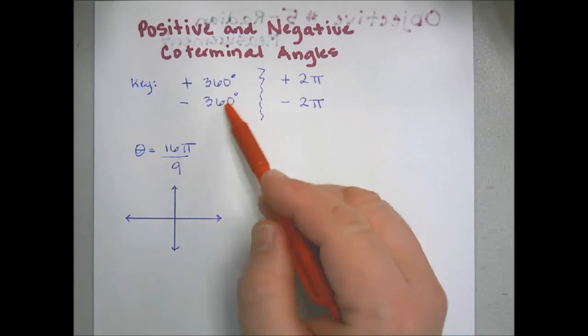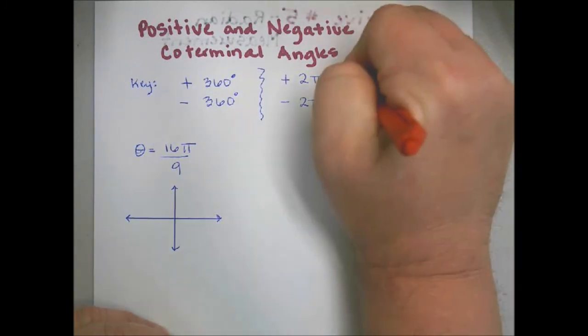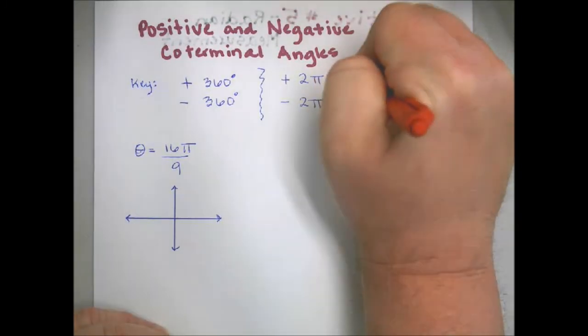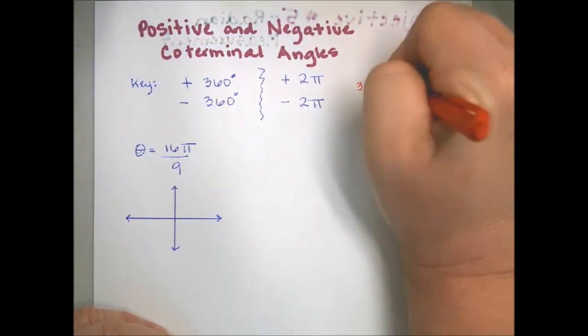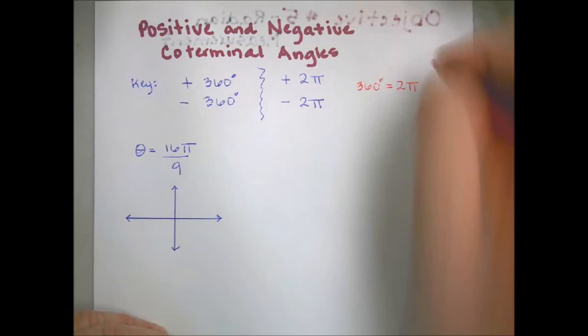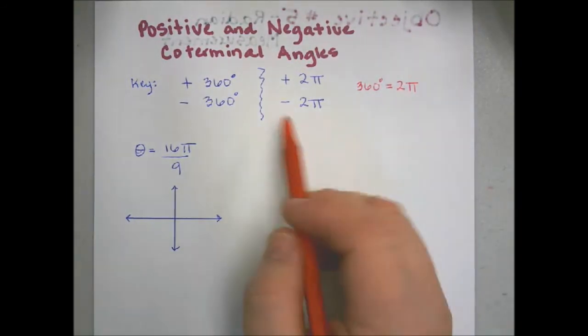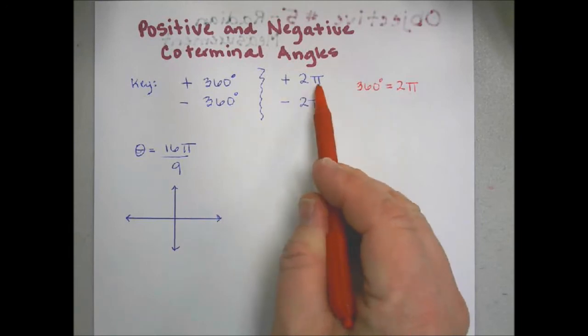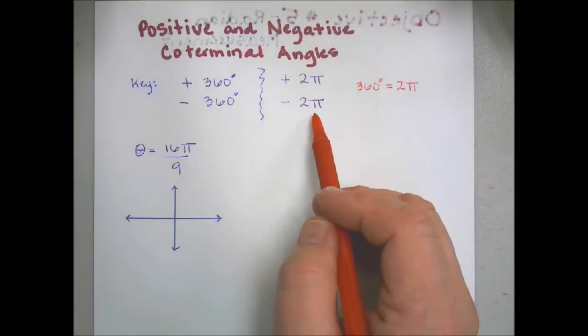So subtract 360 degrees. Well, now that we're in radians, you still have an equivalency. 360 degrees is the equivalent of 2 pi radians. So really all you're doing to find the positive coterminal, you're adding 2 pi radians. And to find the negative, you're subtracting 2 pi radians.